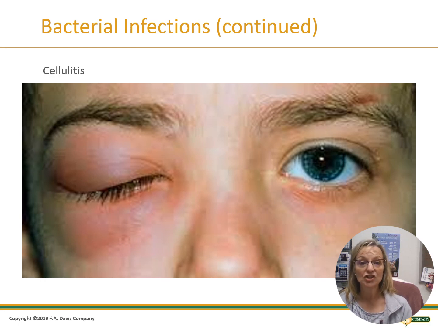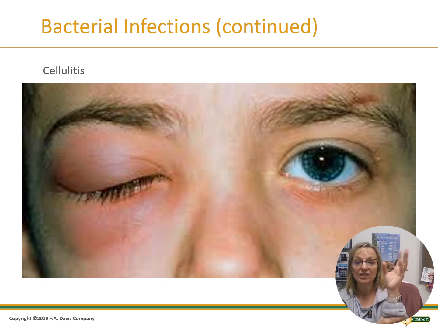For your nursing interventions, you're going to want to assess the temperature, heart rate, respiratory rate, and blood pressure every 2 to 4 hours as needed. You're going to monitor the site for increasing redness, swelling, warmth, tenderness, drainage, or streaking. Assess perfusion. If you have a cellulitis right here, assess perfusion of the hand.